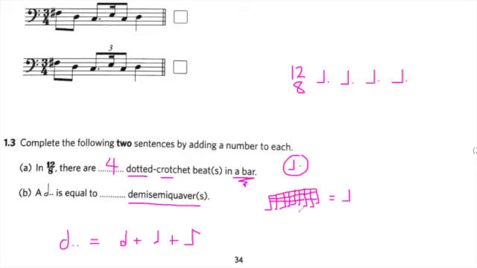Well, we know that there are 8 in 1 crotchet, so I'm going to put 8 here. And then in a minim, we know a minim is twice a crotchet, so it's going to be 16, because 8 plus 8 is equal to 16. And then the quaver here is half of a crotchet, which is 4. Then we add all of this together like a maths equation, and we should get 28.